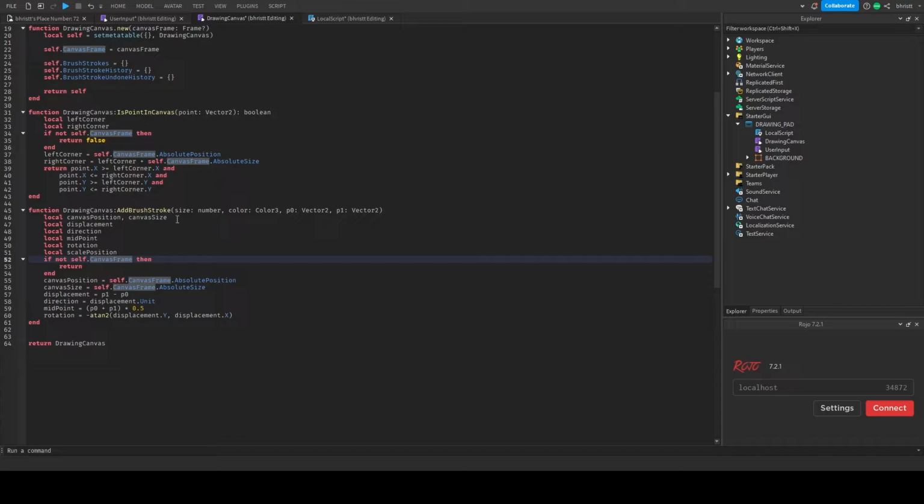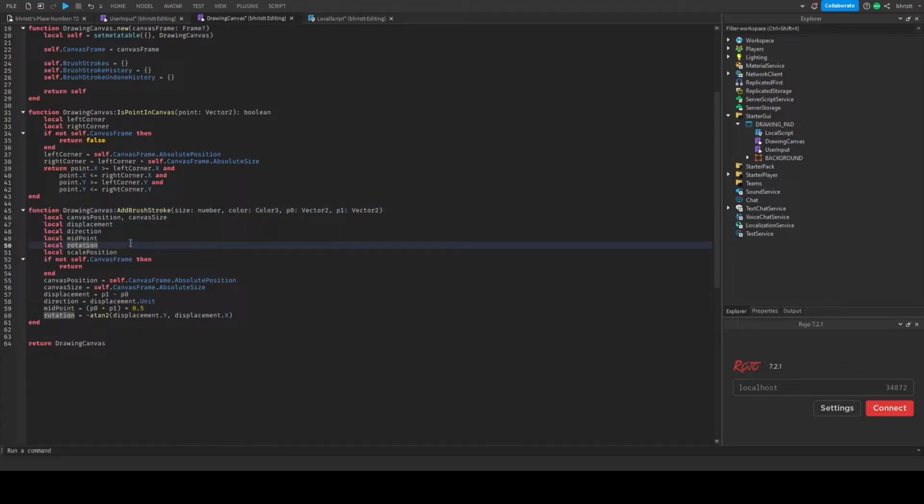Then we're going to have the displacement between these 2 points, P0 and P1. We're going to have the direction of this displacement, which is just going to be the unit vector of this displacement. So we're going to convert this vector right here into a unit vector. And then we're also going to have this midpoint vector, which is going to be the middle point between P0 and P1.